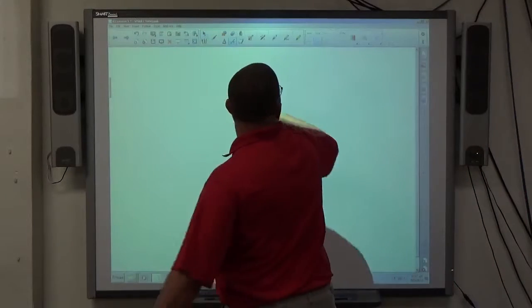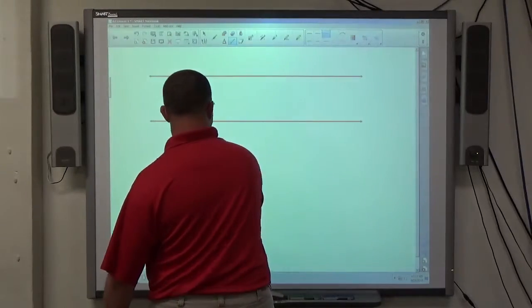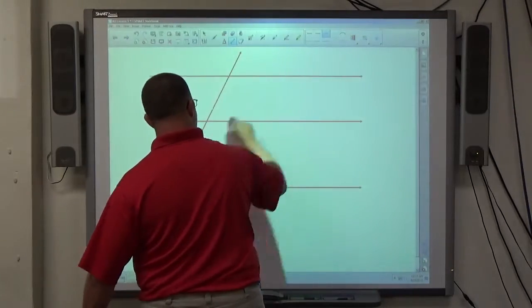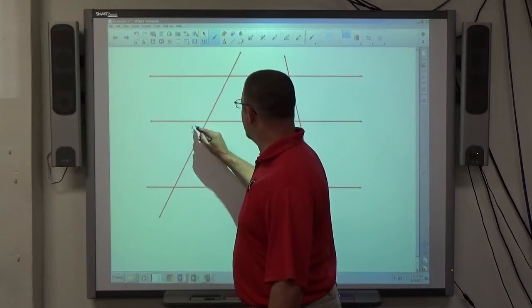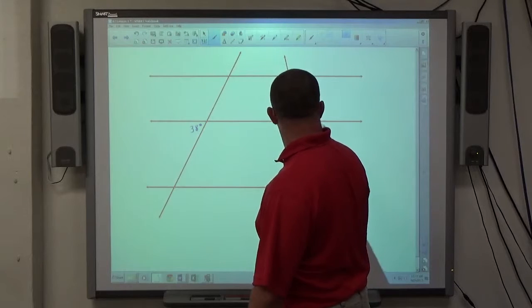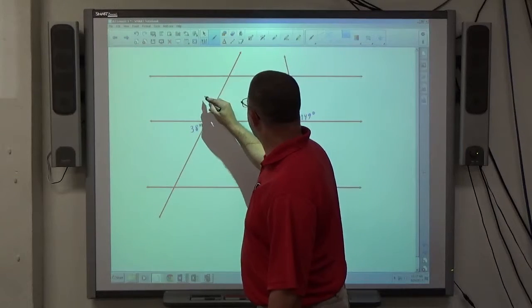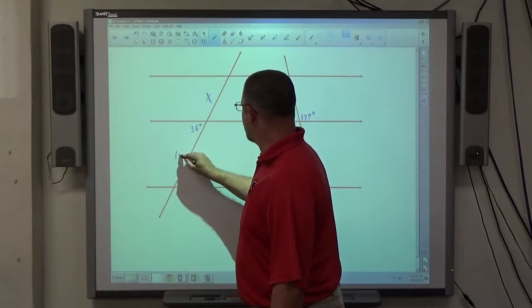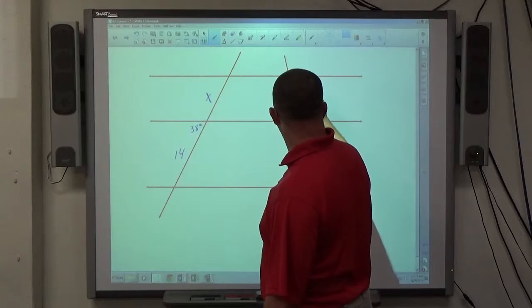They're going to give you parallel lines like this, this, and this, and that, and that. They're going to say this is 38 degrees, and they're going to say this is 149 degrees. And they're going to say this is x and 14 and let's go 12 and let's say maybe 8.